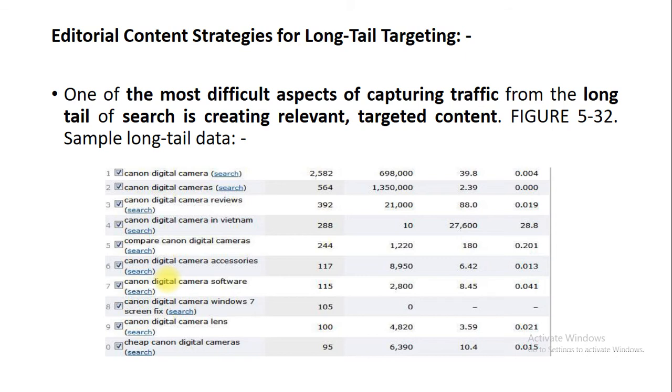First is Canon digital camera, second Canon digital cameras, then Canon digital camera review, then comparison with other digital cameras, then accessories, software, lenses, and cheap Canon digital cameras. These are all popular search terms based on long tail targeting.